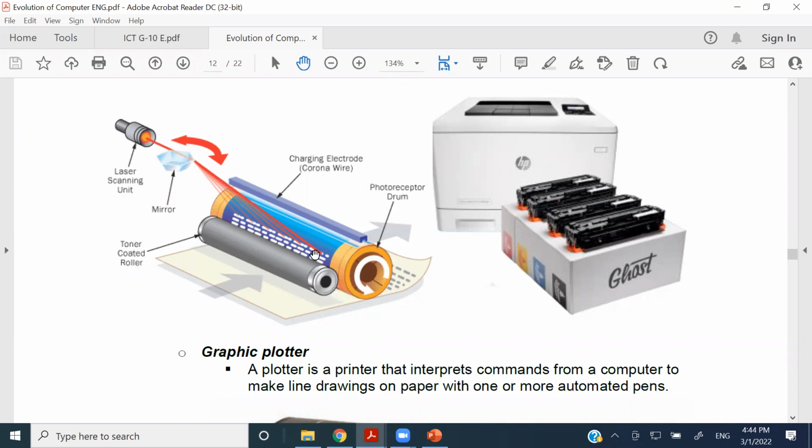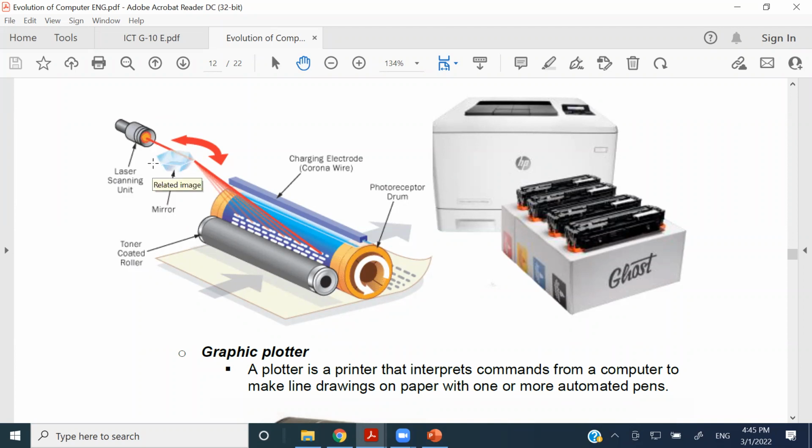And there is a particular thing called the drum of the toner. Sometimes the drum comes with the toner, and sometimes the drum stays inside the printer. However, this drum is given the particular output, the design of the output, with the help of this laser.